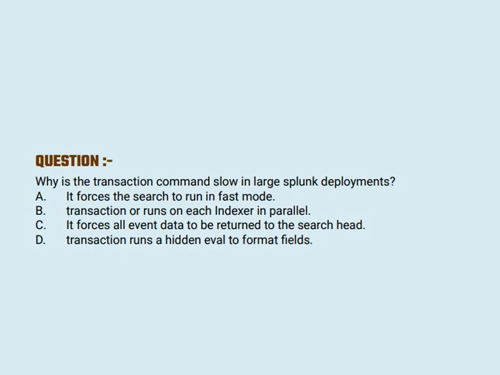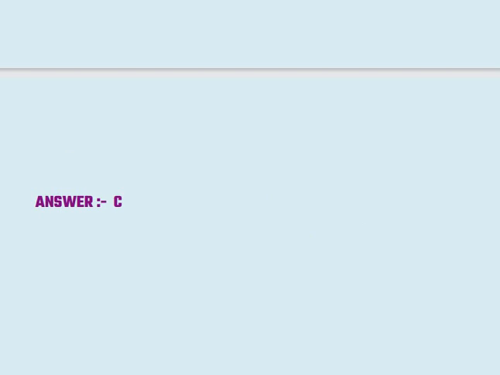Option C, it forces all event data to be returned to the search head. And option D, transaction runs a hidden eval to format fields. The correct answer is option C.